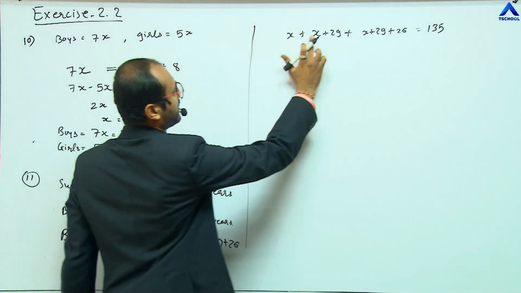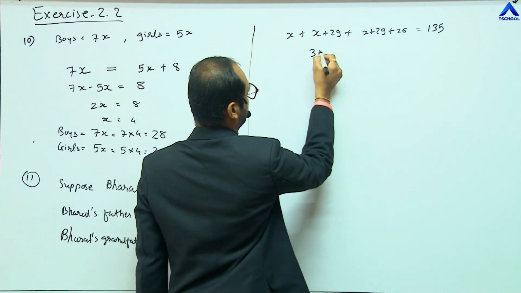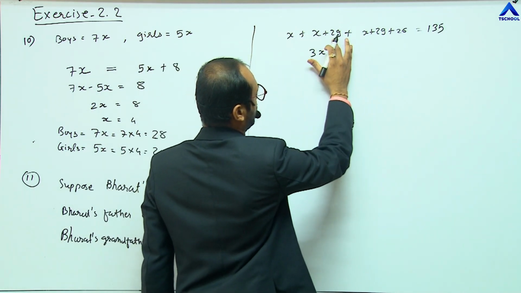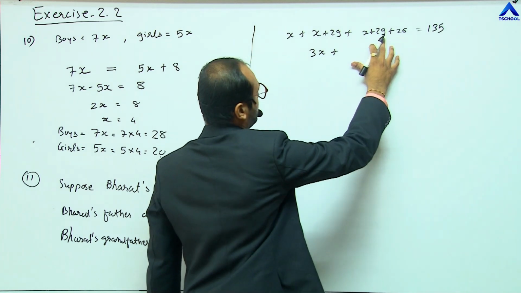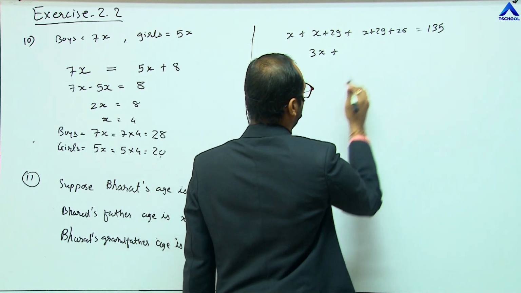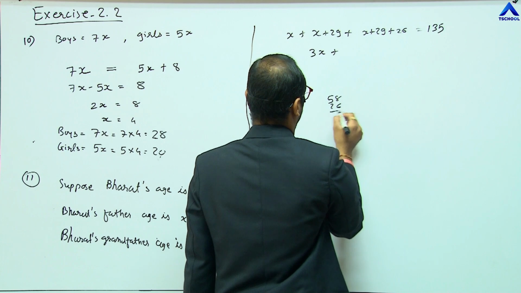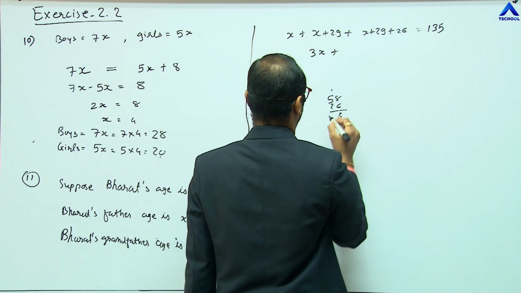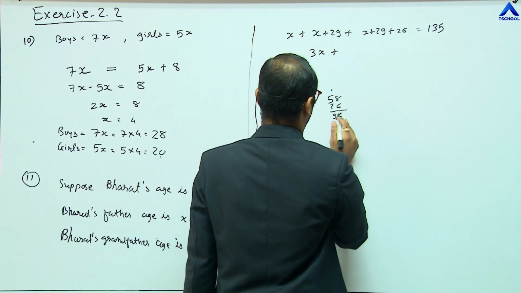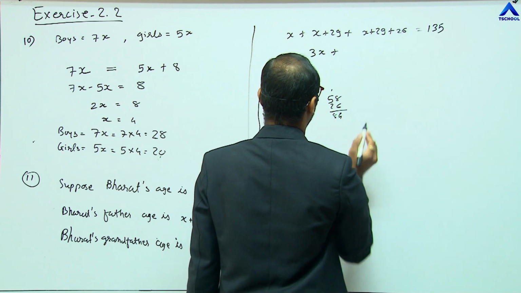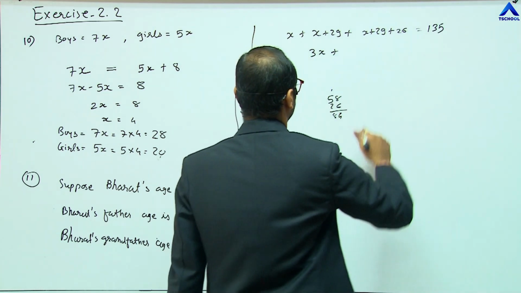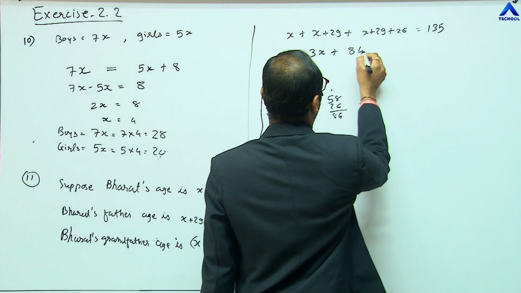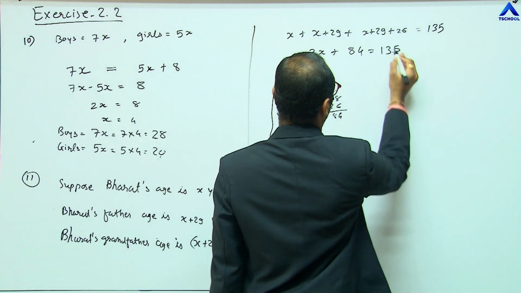Now x plus x plus x gives 3x, plus 29 plus 29, 58, plus 26, 84. Clear? Equals 135.